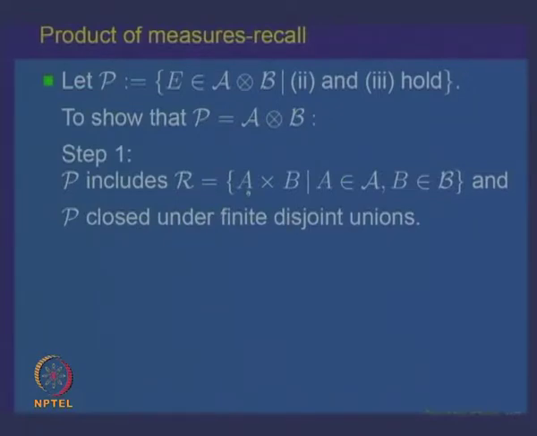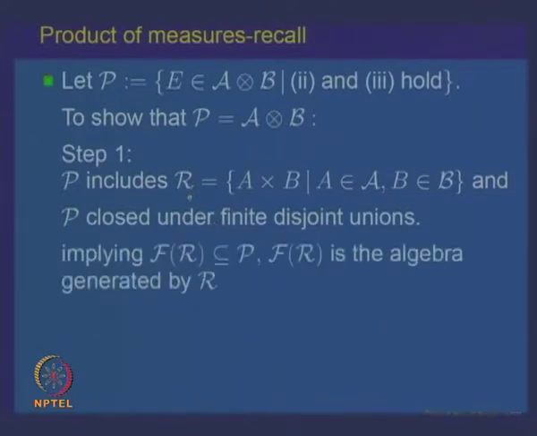Once the class P is closed under finite disjoint unions and includes the rectangles, and rectangles form a semi algebra, the algebra generated by it looks like the class of sets which are finite disjoint unions of rectangles, and P being closed under such operations, we get as a consequence that the algebra F_r generated by these rectangles is also inside P. So, as a consequence of step 1, the algebra generated by the rectangles is inside the class P.